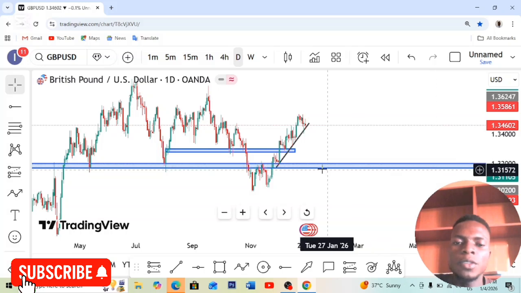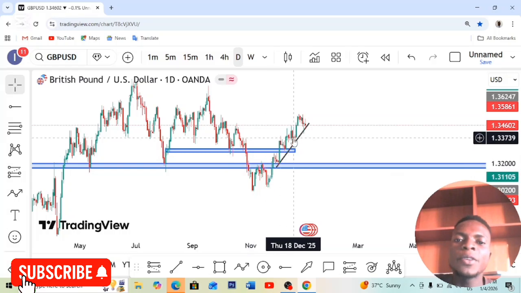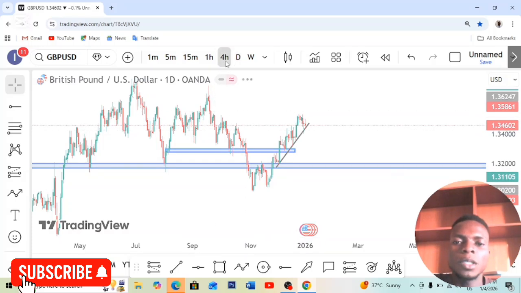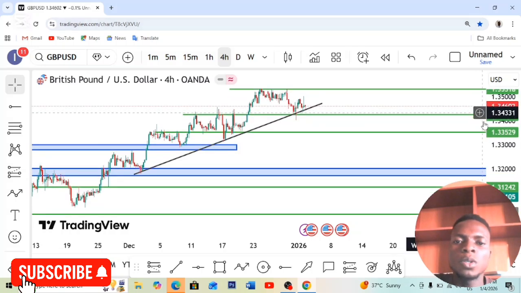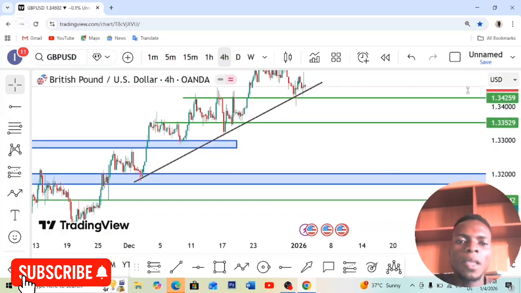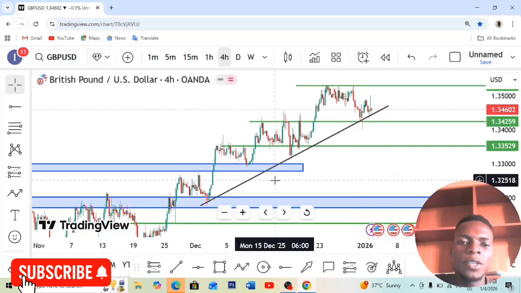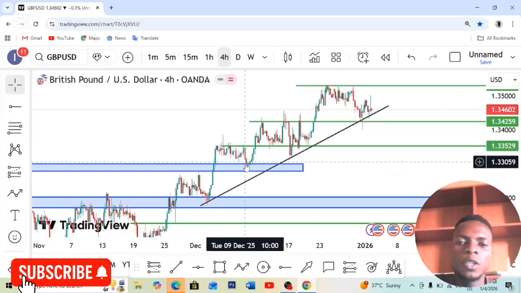As you can see clearly, there is a trend correction. The market corrected itself here, and you can see that the market is pushing to the upside right now. Now let's go to the 4-hour time frame, which is also bullish. You can see the market is creating a higher high, higher low, higher high, higher low.